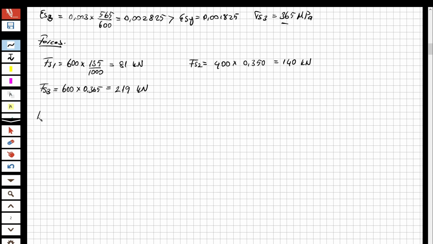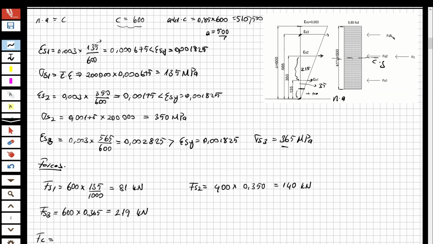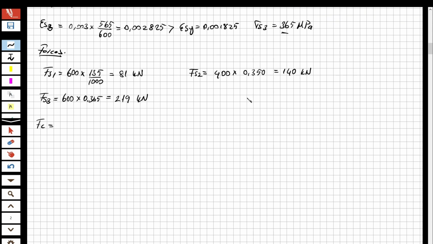I'm now going to calculate also the F concrete. Look at here, I'm going to show you. Now I have these three forces, so let's also calculate the F concrete. F concrete is calculated as 0.85 multiplied by the design strength of concrete, multiplied by b and multiplied by a.